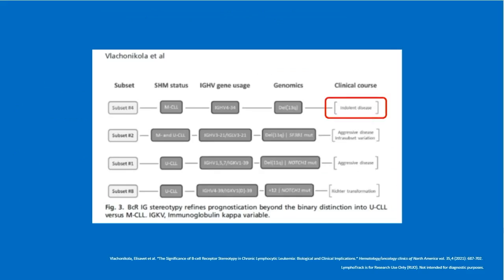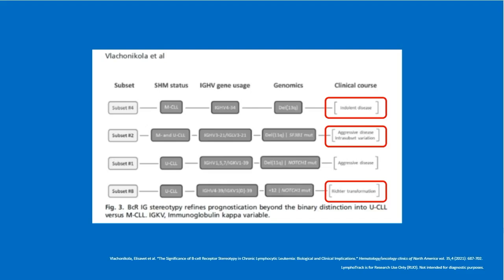For example, subset 4, with a specific group of IGHV 4-34 widely used and with the deletion 13q, is a more indolent disease. If you go to subset 2, you see a very aggressive disease progression. Most interestingly, subset 8, which has been shown to carry a high risk for Richter transformation, has a very aggressive disease course.